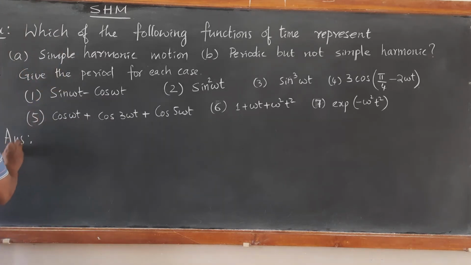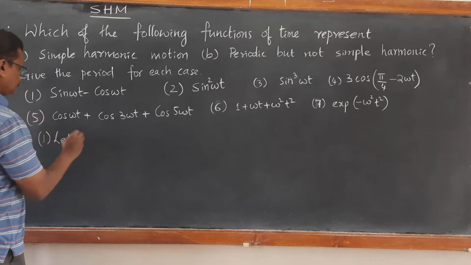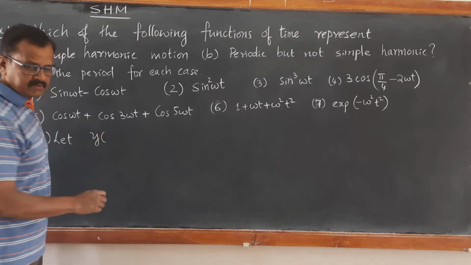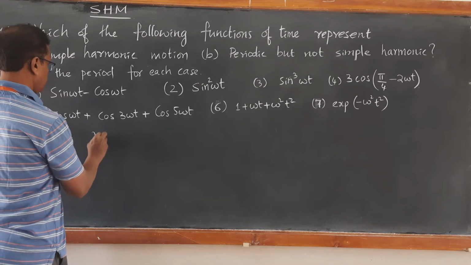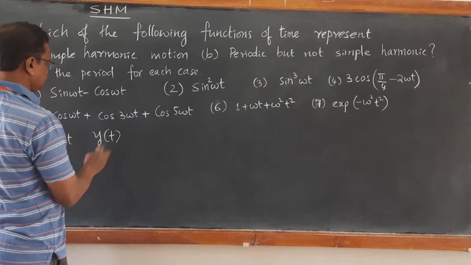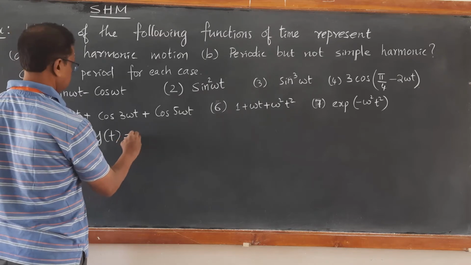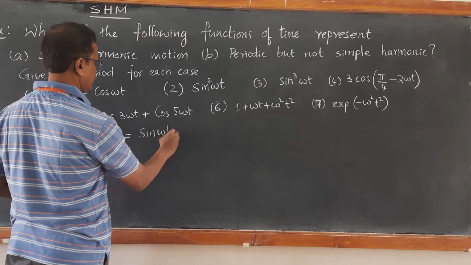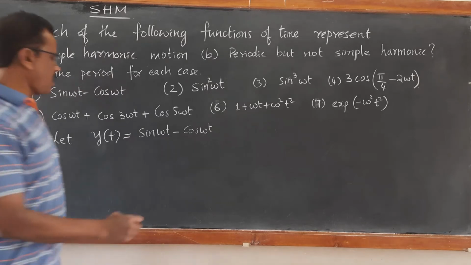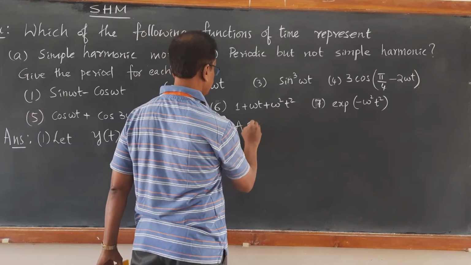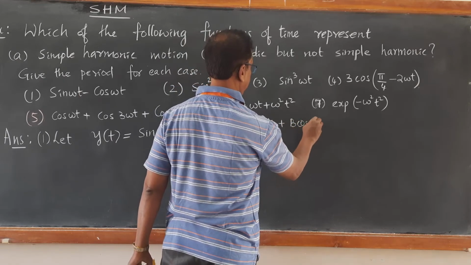So, first one, let y or some function of t, okay, y(t) or x(t), let us take y(t) is equal to sin omega t minus cos omega t, and you know this is of the form a sin omega t plus b cos omega t.